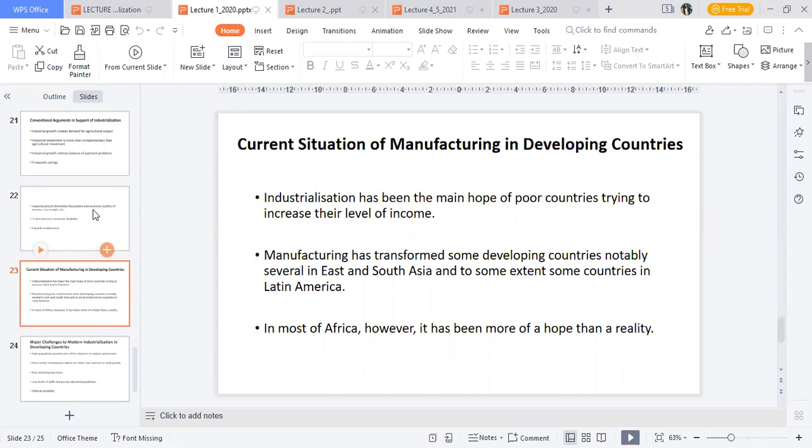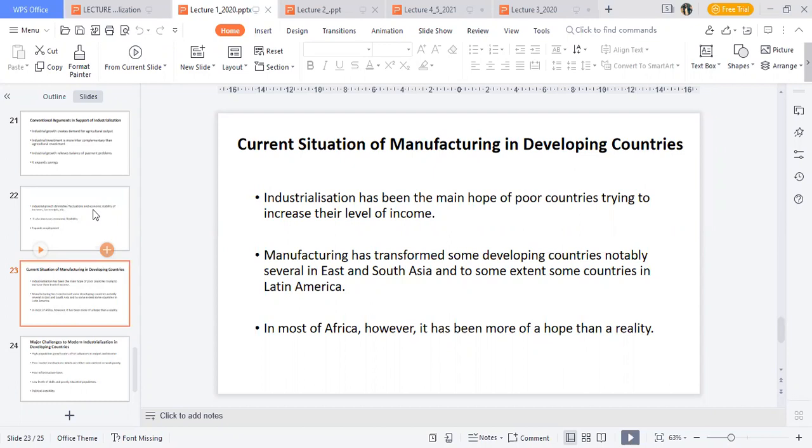Industrialization has been the main hope of poor countries to increase their level of income. Manufacturing has transformed some developing countries, notably in East and South Asia, and to some extent, some countries in Latin America. In most of Africa, it has been more of a hope than a reality. What it is trying to tell you here is, has industrialization really worked in developing countries as anticipated?